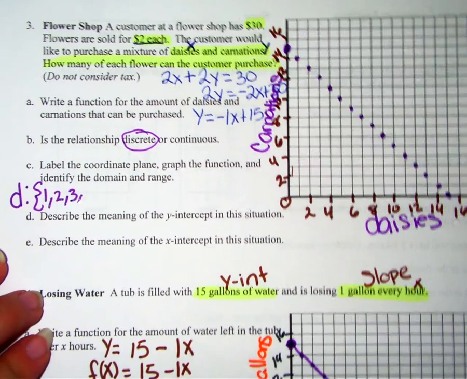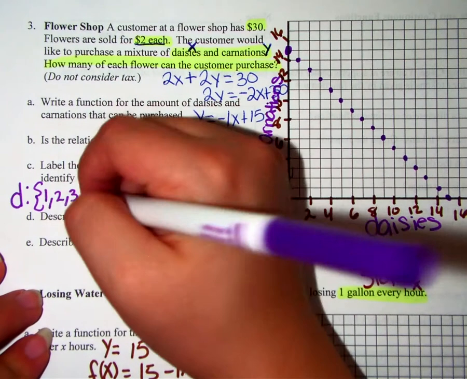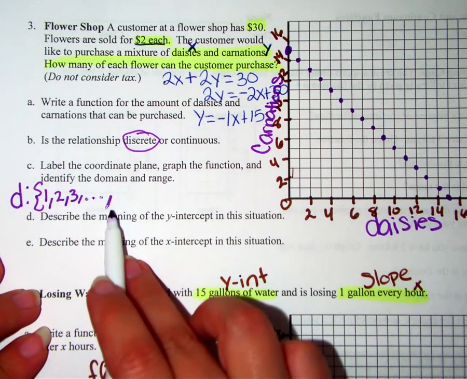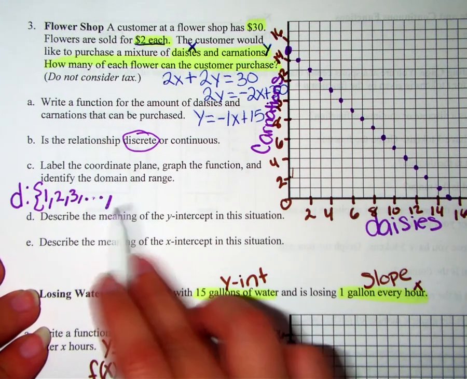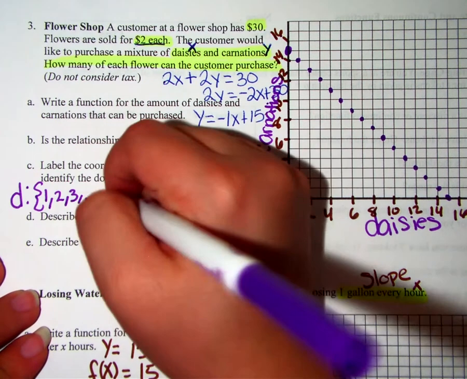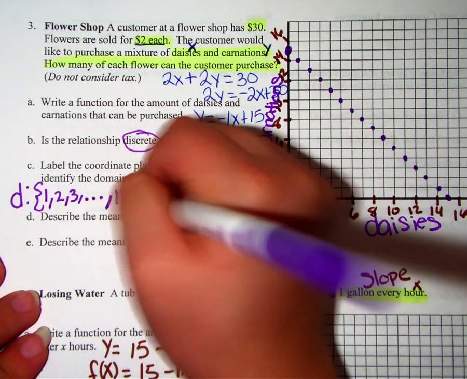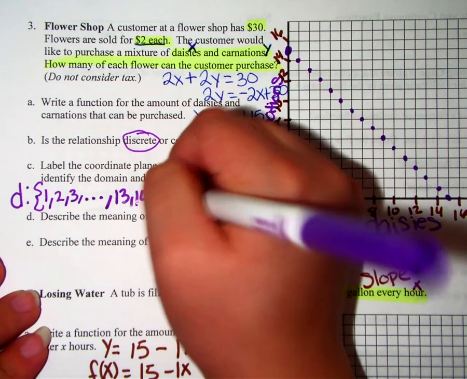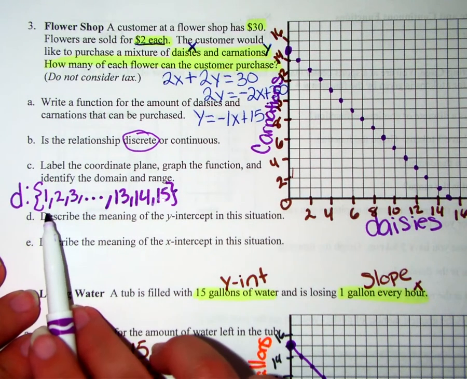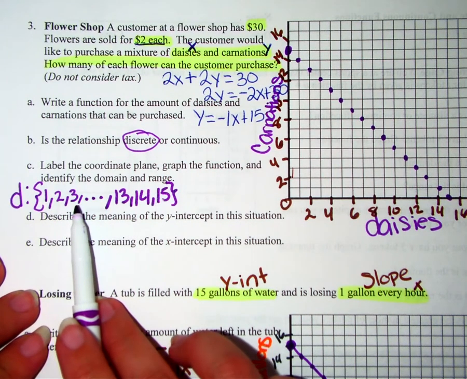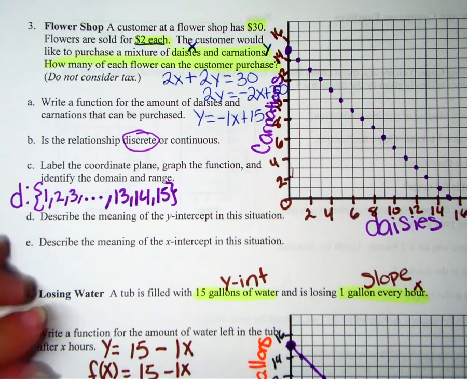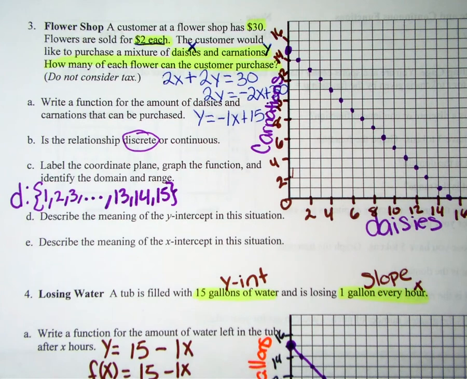But a shorthand, a way to shorten it, is to put dot, dot, dot, because it's going to continue that pattern. And I know that I'm going to stop at 15, so I'm going to go back to 13, then write 14 and 15. So the reader would see I'm going by ones, and it's going to keep going, and I'm going to end at 15. So that's a way to write it, so you don't have to write all those numbers out.